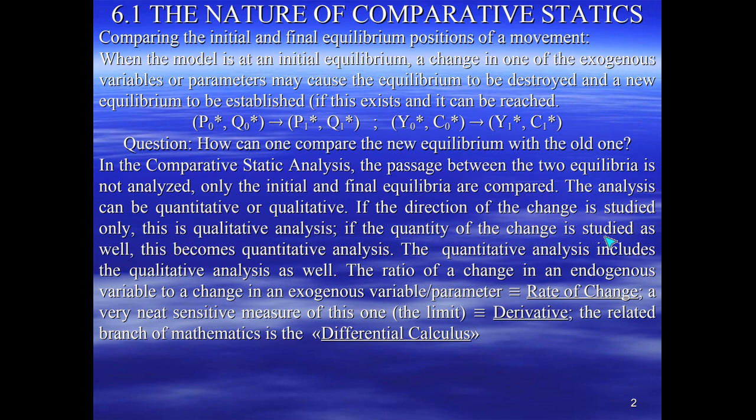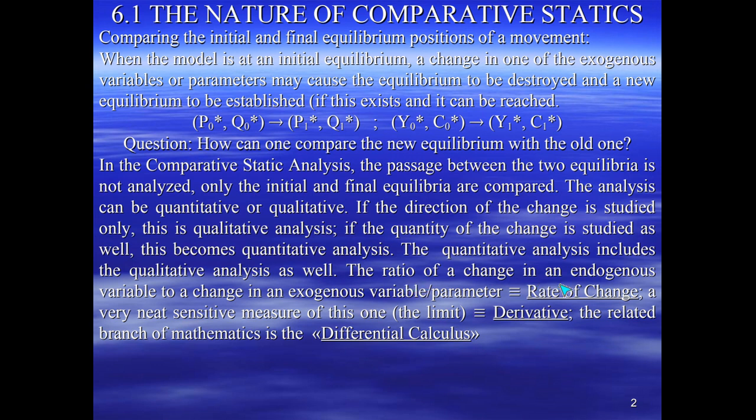If the quantity of the change is studied as well, meaning the level, the measure, in units for instance, then this becomes quantitative analysis. And the quantitative analysis includes the qualitative analysis as well. The inverse is not true.